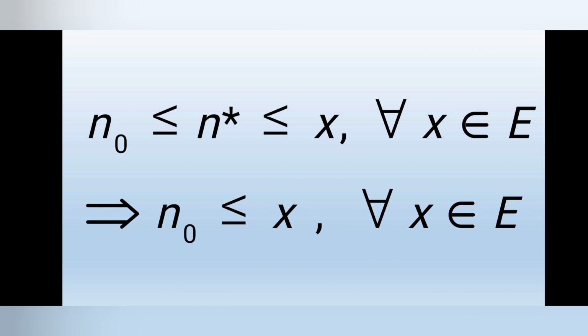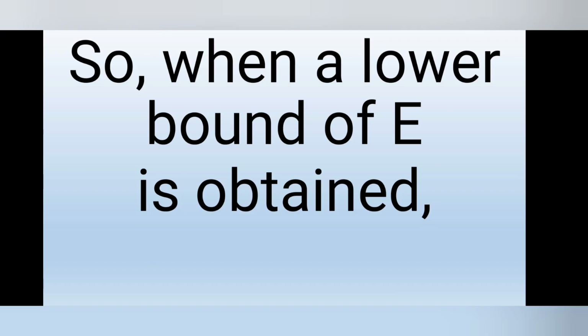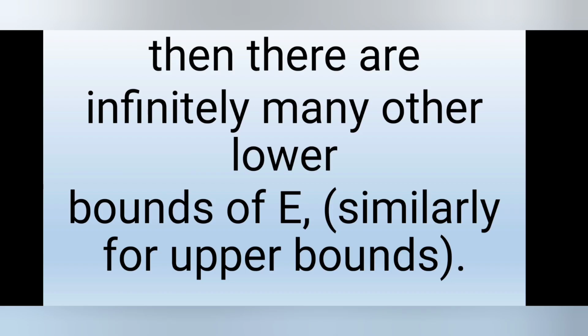This implies that n0 is less than or equal to x for all x in E. So when a lower bound of a set is obtained, then there are infinitely many other lower bounds of that set. Similarly for upper bounds.